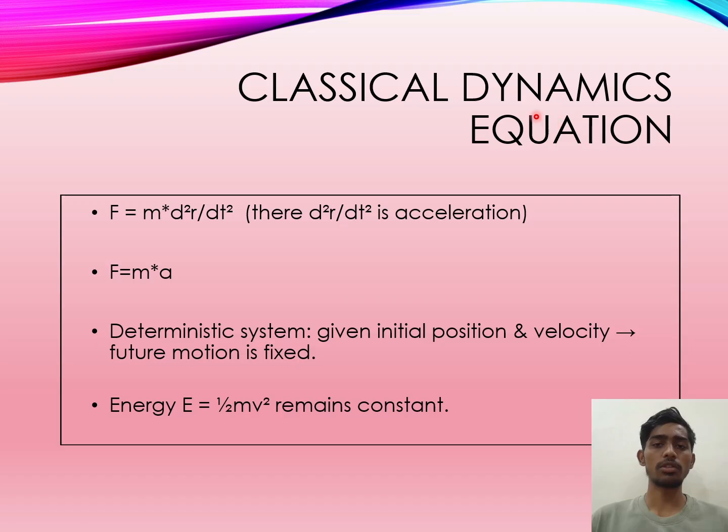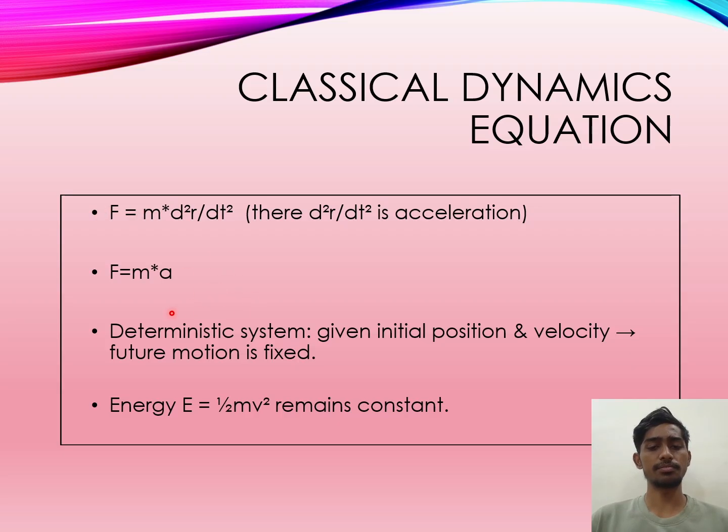The classical dynamic equation by which we can tell whether the energy is conserved or not is simply this, which we studied in 12th class: force equals mass into acceleration.